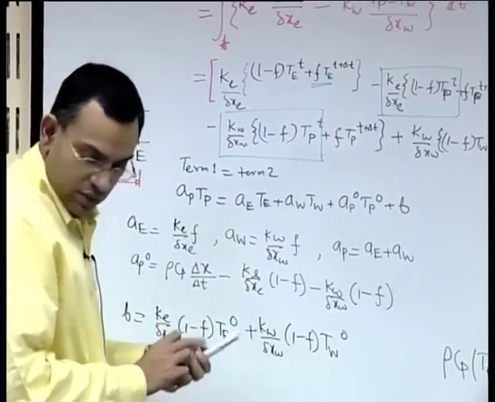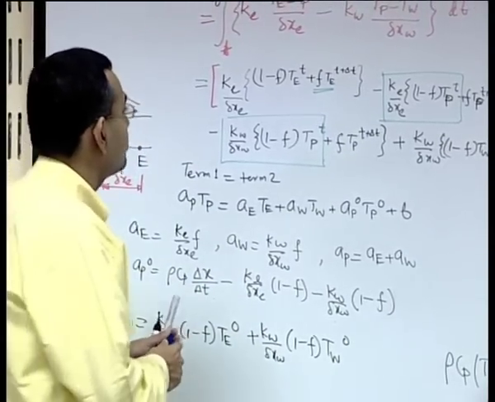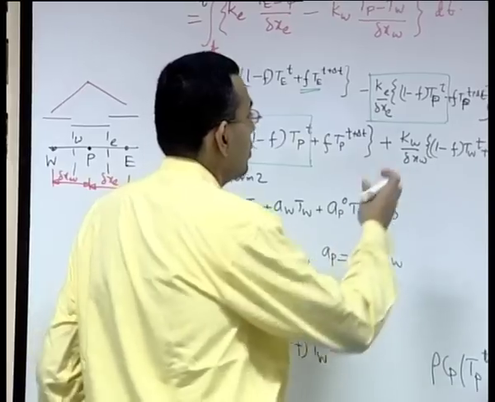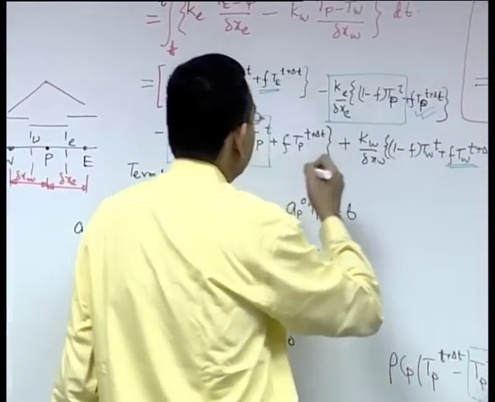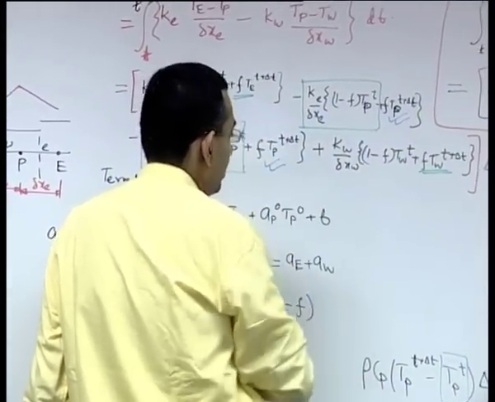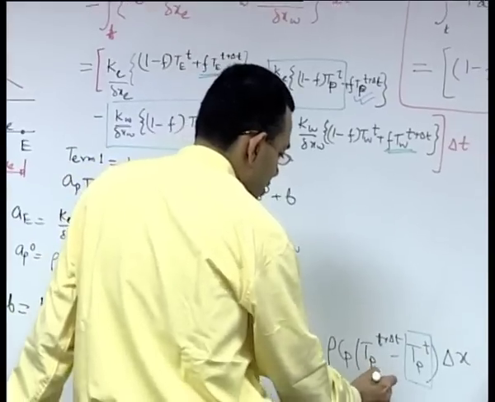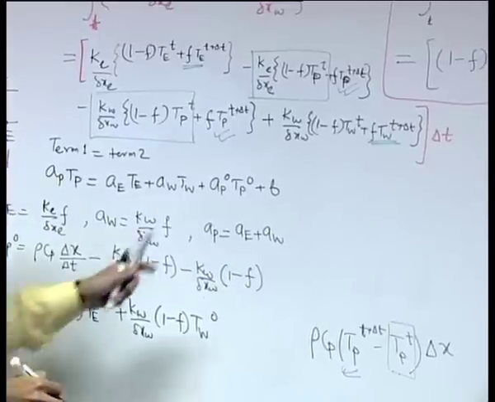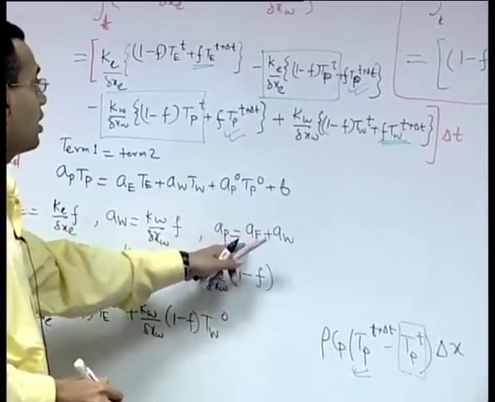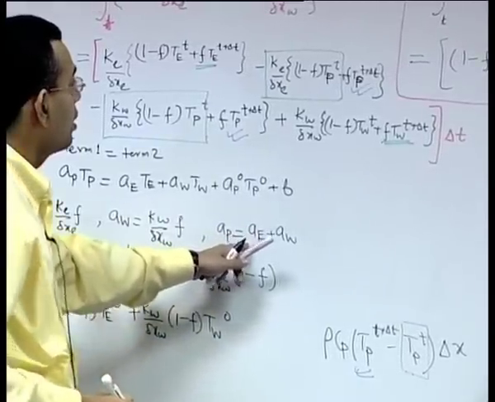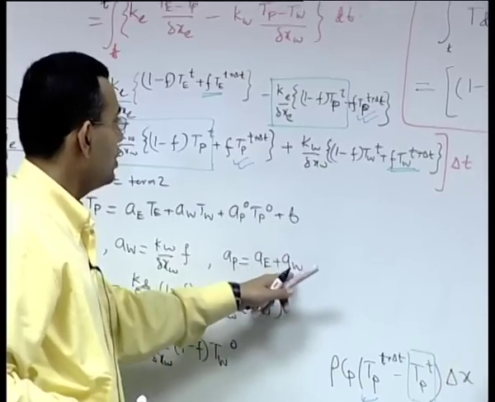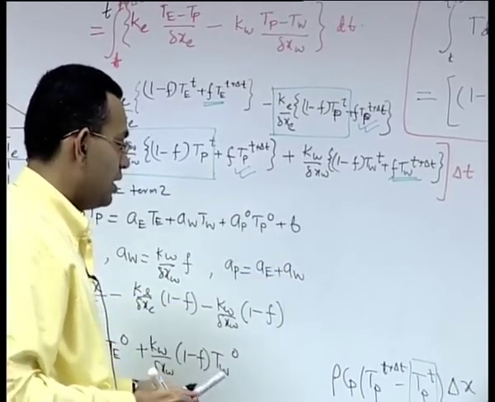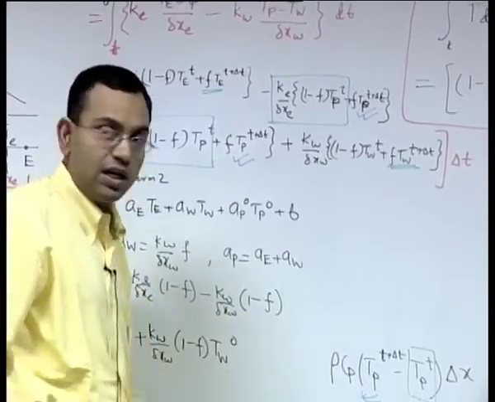What are the terms which involve AP? Let us identify. This is one term, this is another term and the third term. So, this term is AE, this term is AW and then rho Cp delta x by delta t.